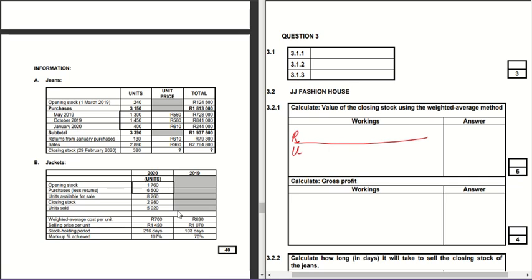So it's going to be your opening stock, which is 124,500, and the units is 240. Opening stock plus purchases. Your purchases are 1,813,000, and here is 3,150. Opening stock plus purchases, and then there are returns.